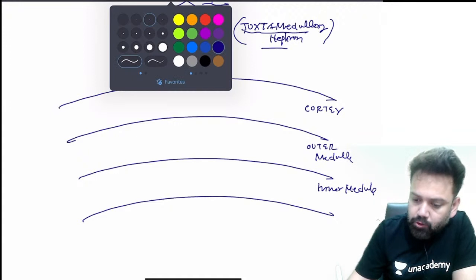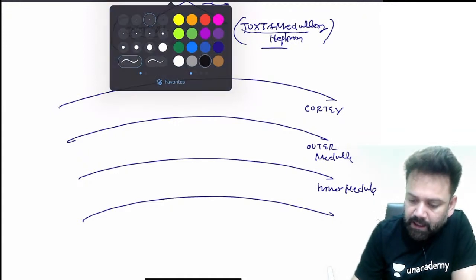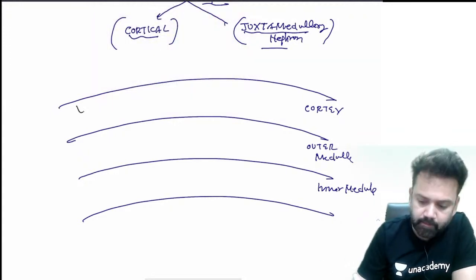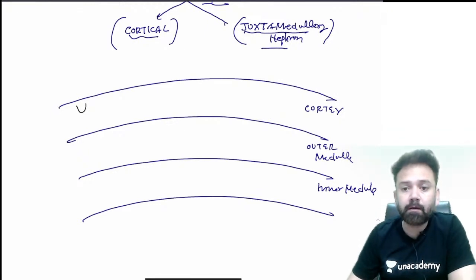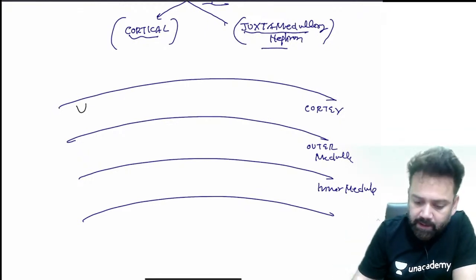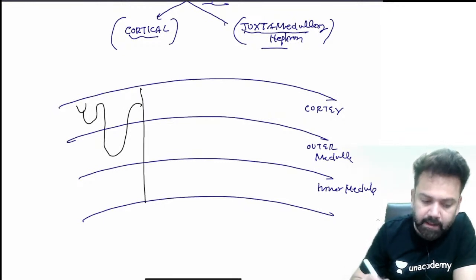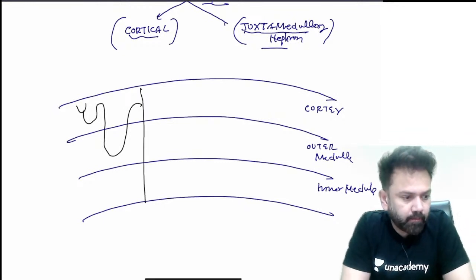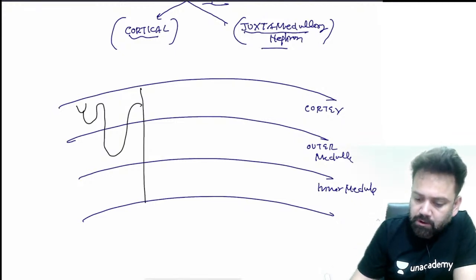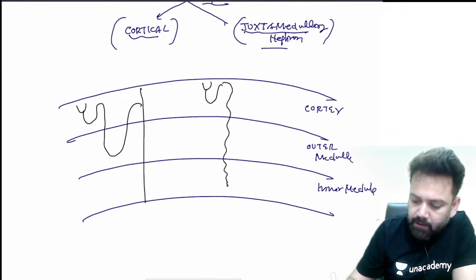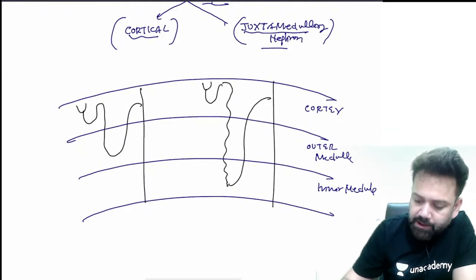The nephron which starts from the cortex but never goes beyond the outer medulla, for example like this, is called a cortical nephron, and those nephrons which go very deep inside the inner medulla are called juxtamedullary nephrons.